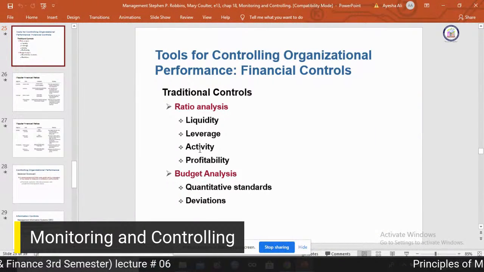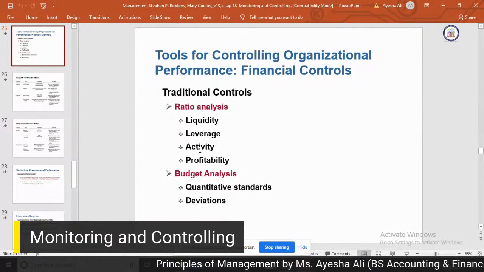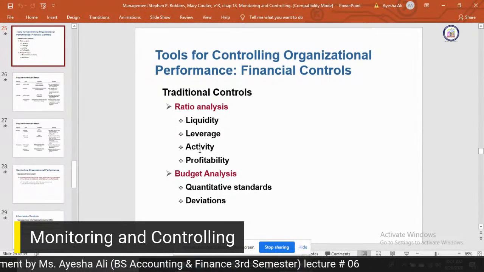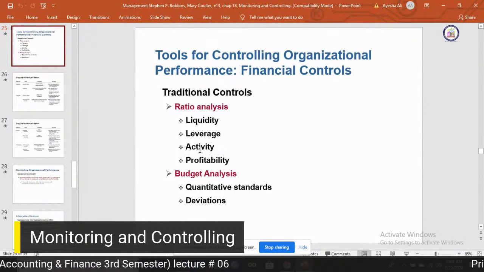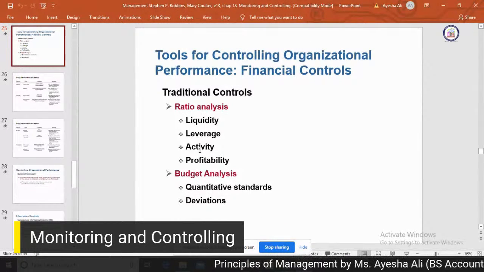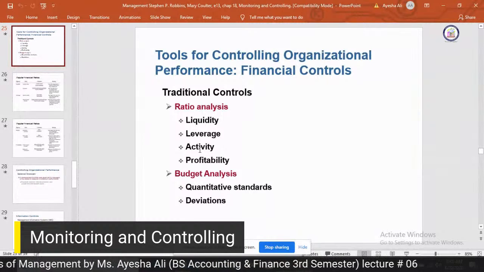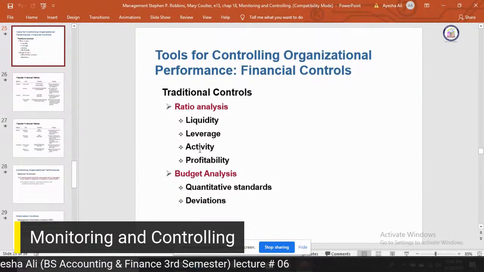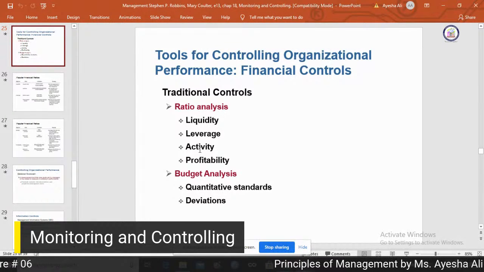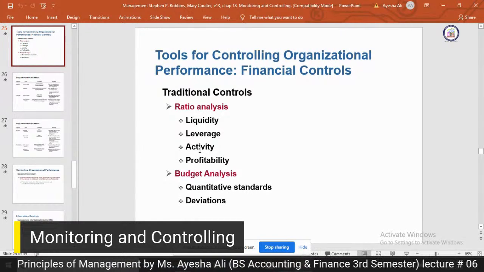If there is any deviation or variation in achieving those benchmarks, we will look at that deviation and analyze it. If the deviation is in the range, we will do nothing. But if it's out of range, we will try to identify the cause and the reason for the variation.